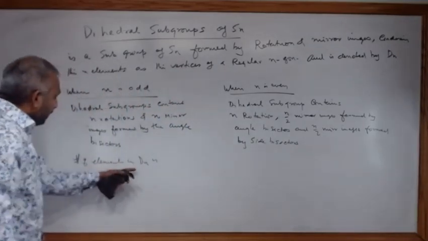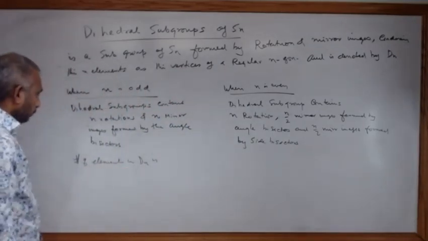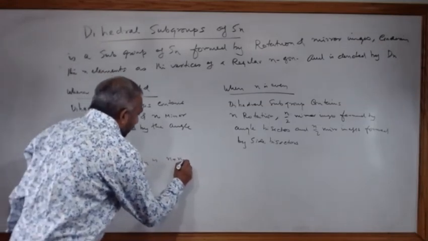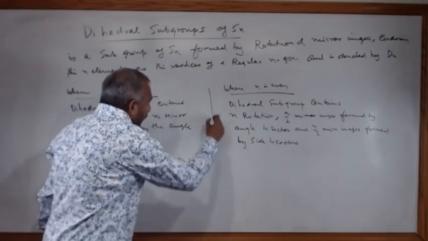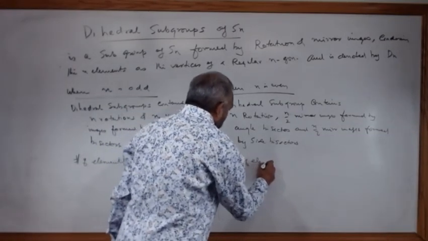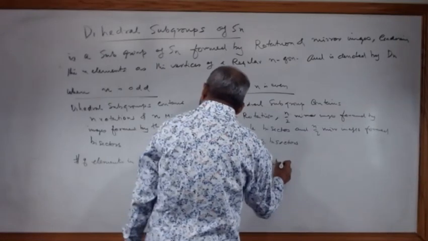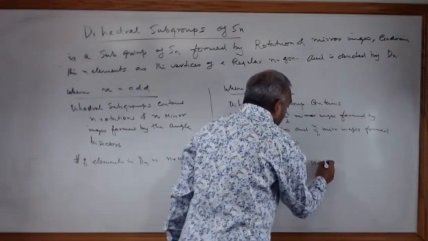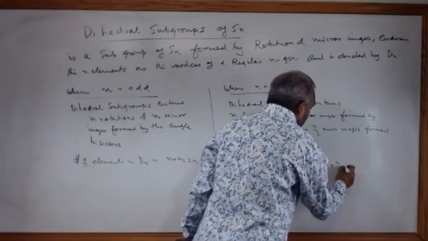The number of elements in Dn is n plus n is equal to 2n. Here the number of elements in Dn is equal to n plus n by 2 plus n by 2. Still it is 2n.